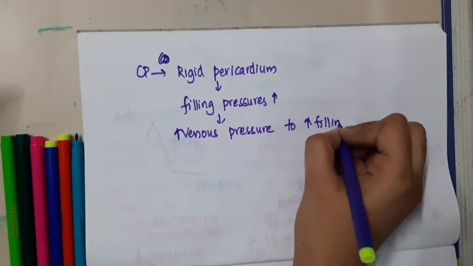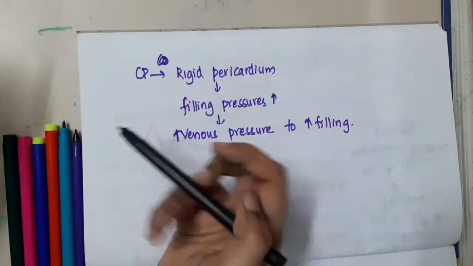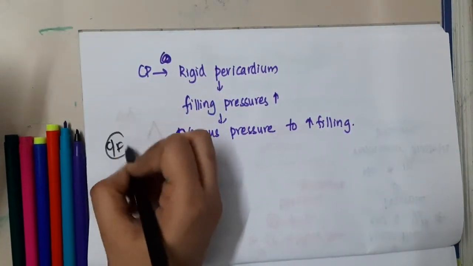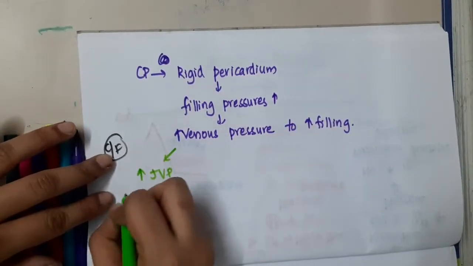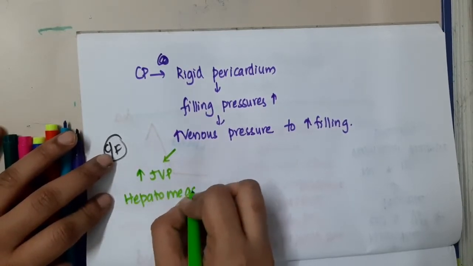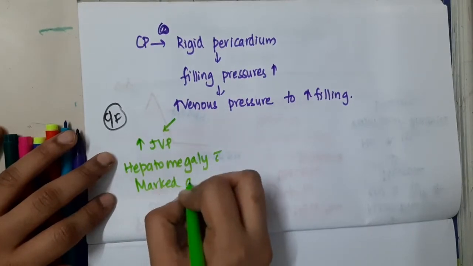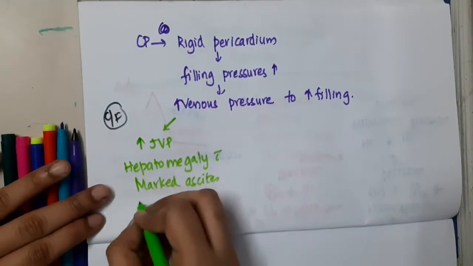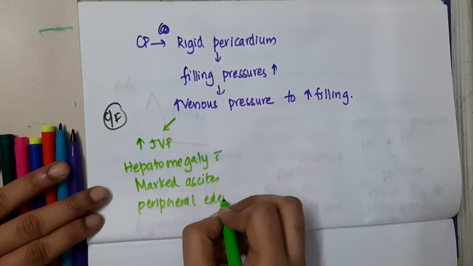The clinical features mainly depend upon the raised venous pressure. This raised venous pressure will increase the jugular venous pressure, and you will see hepatomegaly with marked ascites, and peripheral edema is also seen.